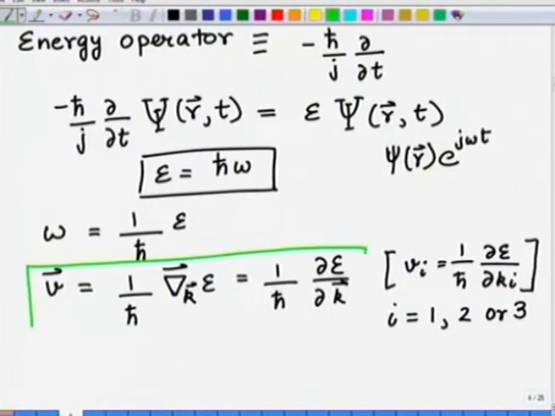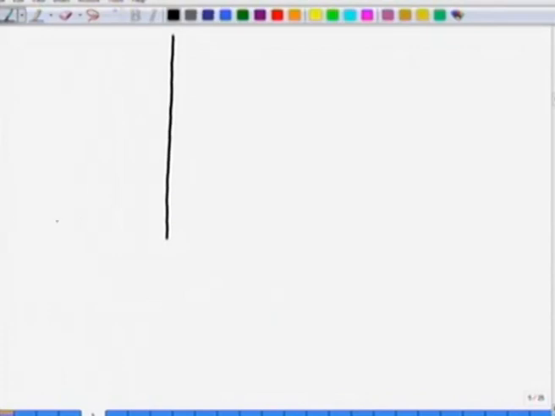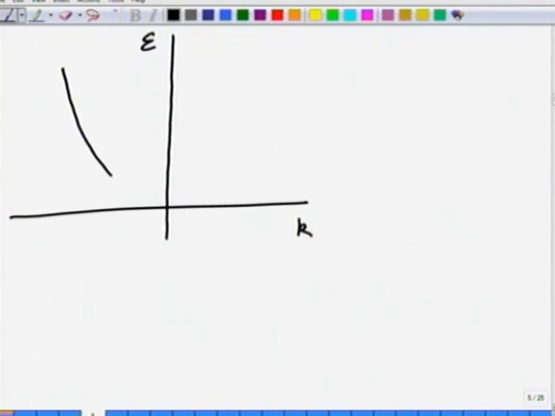So, that is a very important relationship. What does that tell you? That tells you that if I have an E versus k curve, and an electron occupies a particular k site, its velocity can be determined through the slope of the E versus k curve.